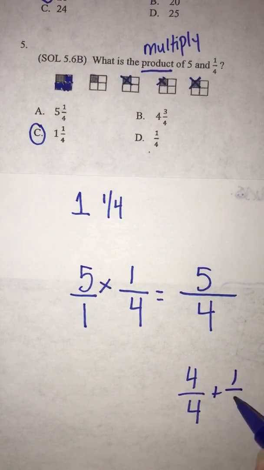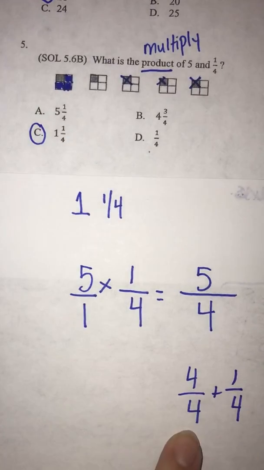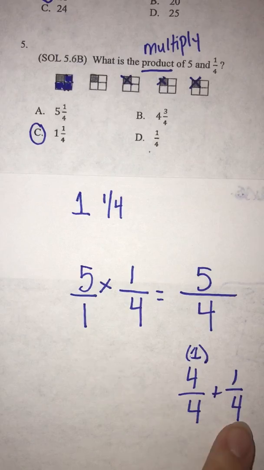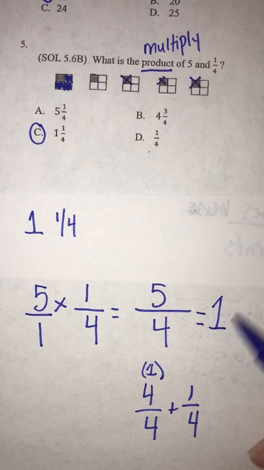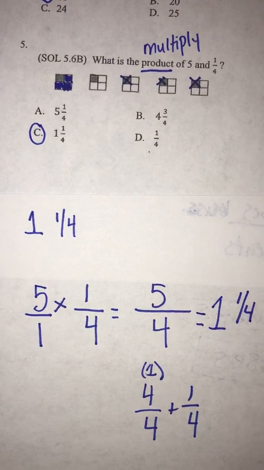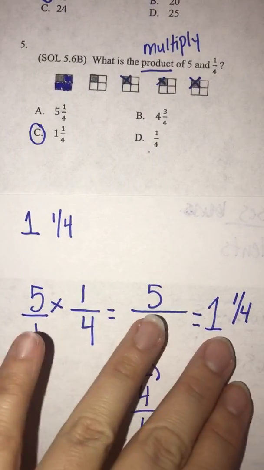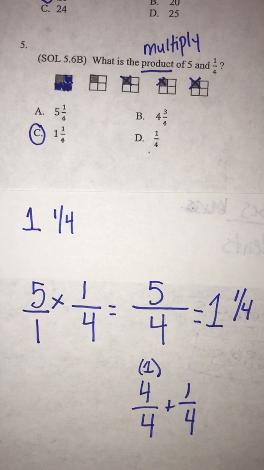And the answer is 1/4, which is why our picture shows 1 whole, because 4/4 is really 1, and 1/4. So 5/4 can be written as 1 and 1/4. It can be rewritten. So improper fractions can be written as mixed numbers. And we did this in class. I just don't know if you remember that.